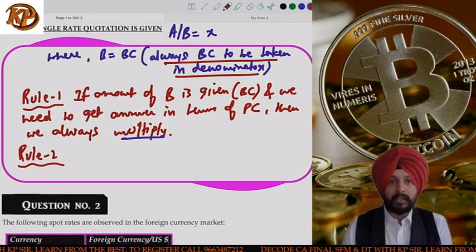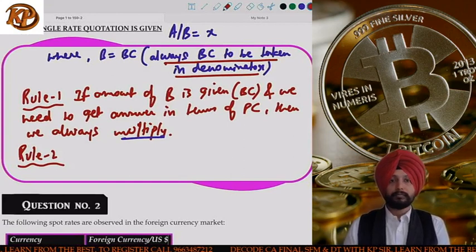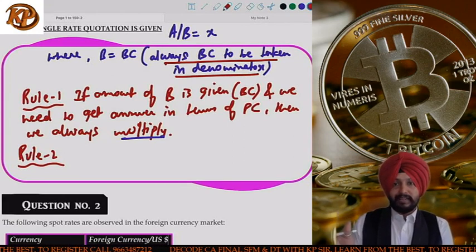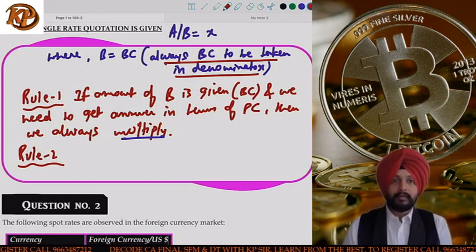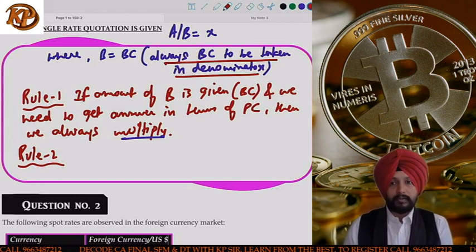Base currency amount is given, you need to get answer in terms of price currency, we will always multiply.